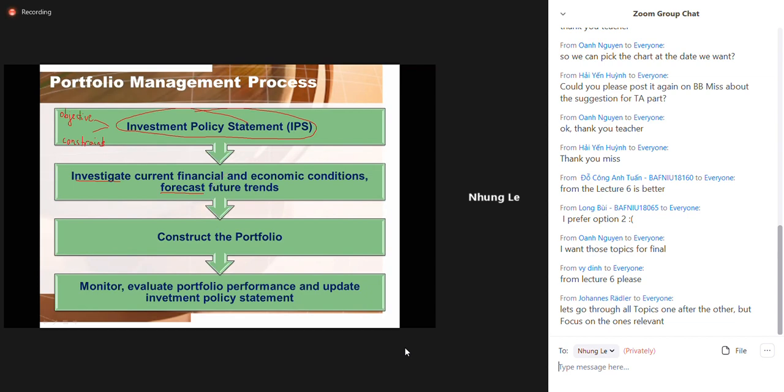For example, at the moment, we have to forecast the world economic outlook for next year, so we have to base on what is happening at the moment. Suppose in recent days we receive many good news related to the vaccine for COVID-19. That means based on what is happening at the moment, we estimate what will happen in the future.